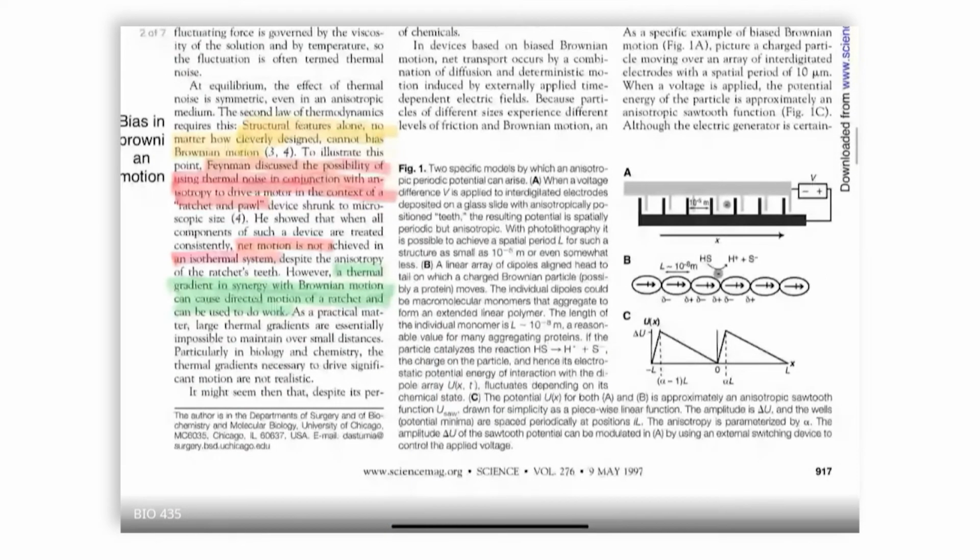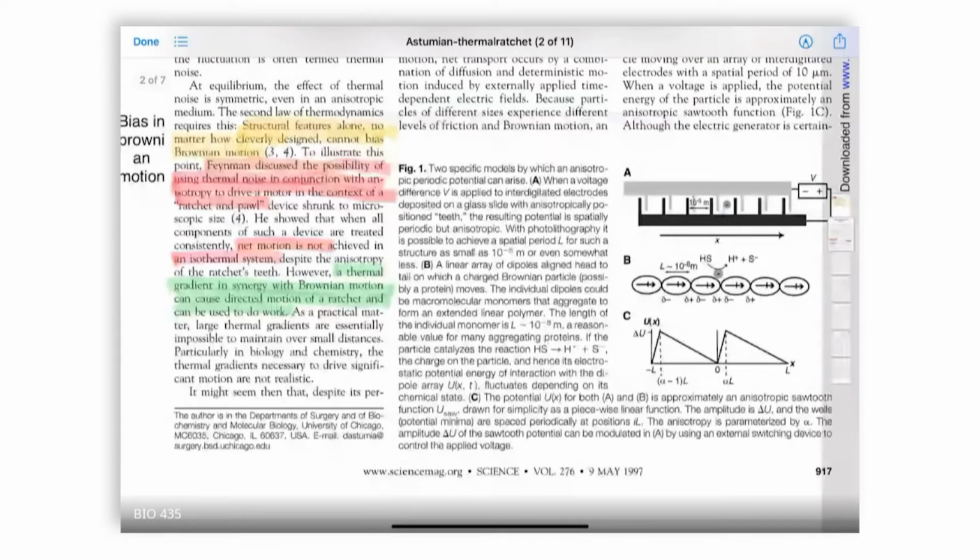So we go to the first figure and look at what they represent here. What you're looking at in A is the presence of two interdigitating electrodes with a spacing of 10 micrometers between them and a small charged particle, this minus sign here, the electron-like object, along some one-dimensional axis x.